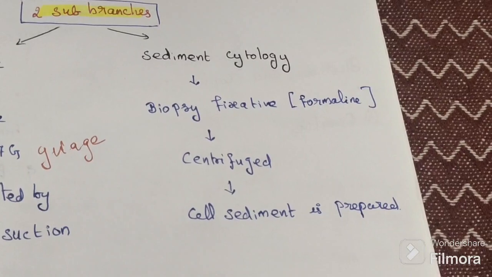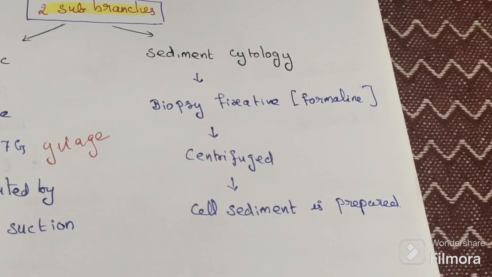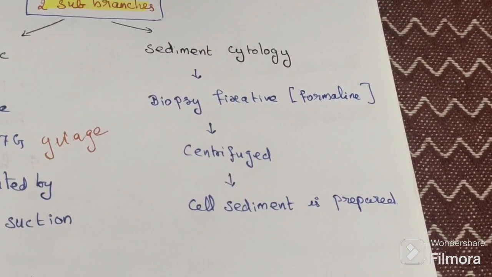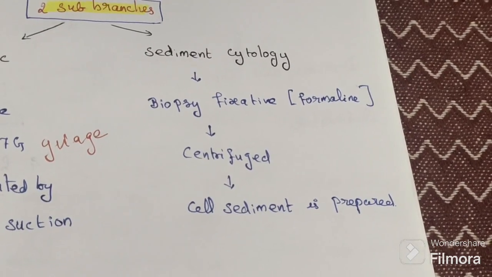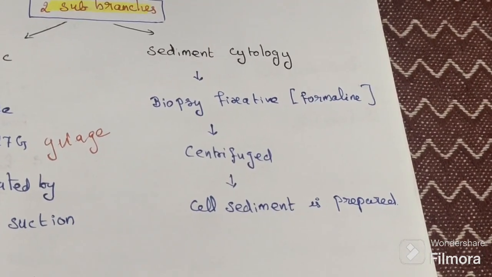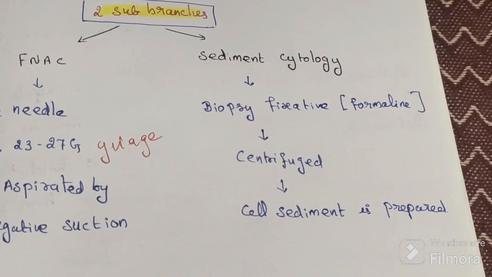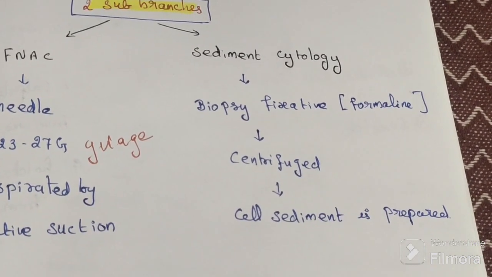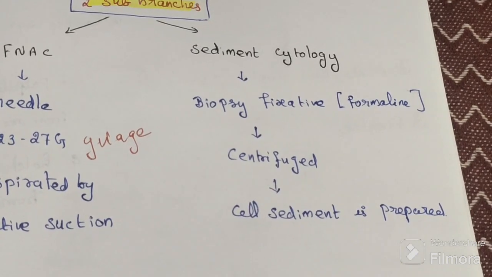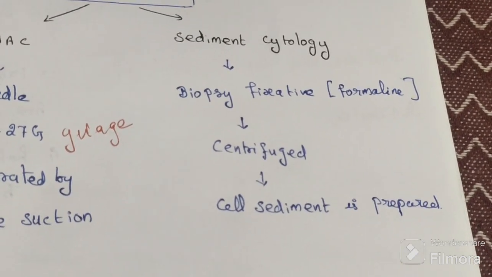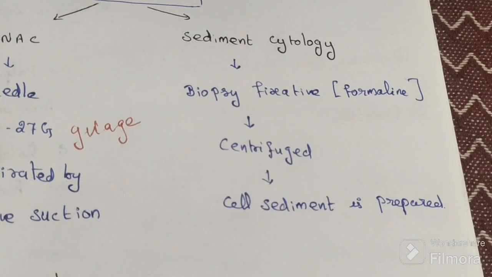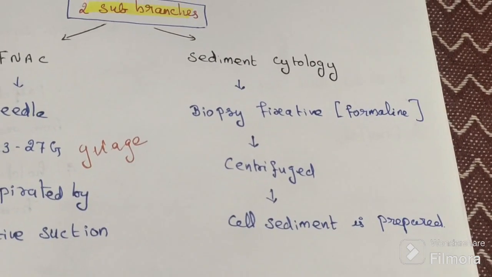We are going to keep this fixative into the syringe and perform centrifugation of the fixative solution. After centrifugation, we are going to prepare a cell sediment. That's why it is called sediment cytology.